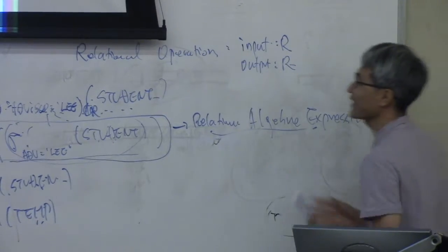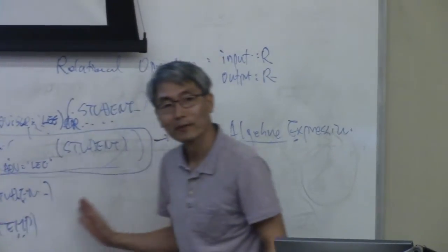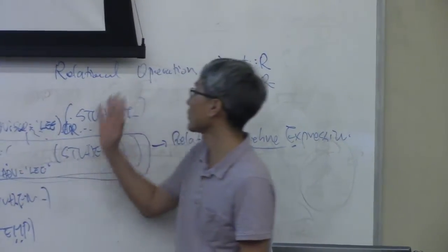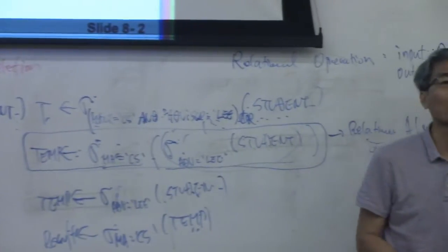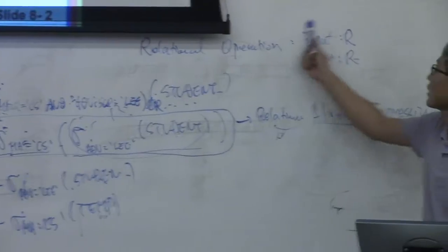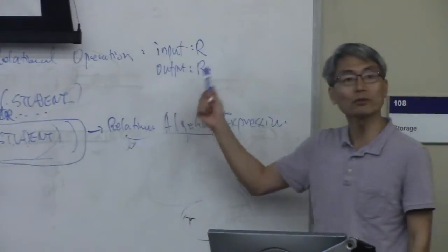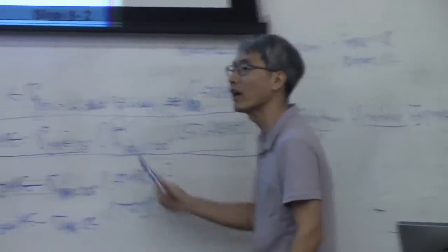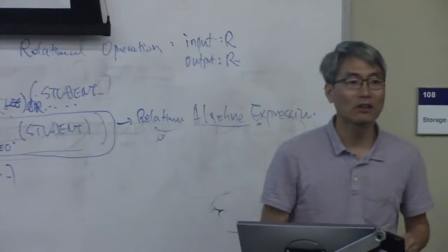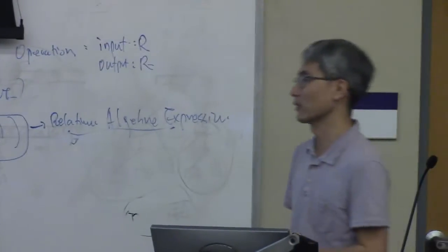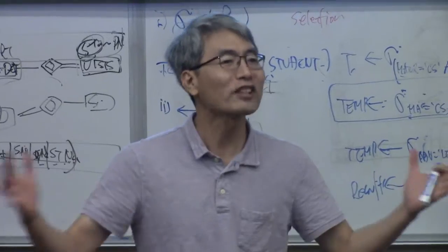So a relational algebra expression is kind of a sentence of relational algebra operations. You can combine multiple because the idea is input relation, output relation. So we can use relational algebra operations inside. So this is the first operation, selection. Okay. So that chain is unlimited, right, sir? How many can we use? You can use as many.